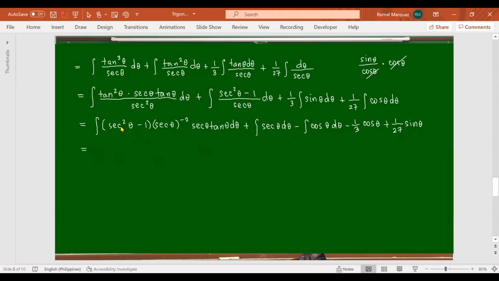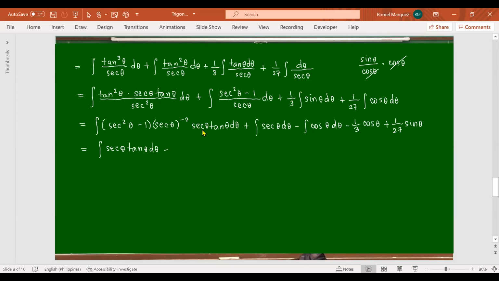Secant times secant to the negative 2 times secant squared theta, that is 1 times this. Secant theta tangent theta d theta, that is basic integration. So we now have minus secant quantity to the negative 2 times this.